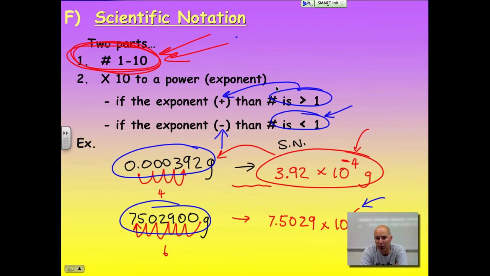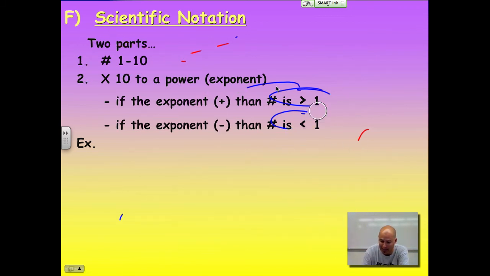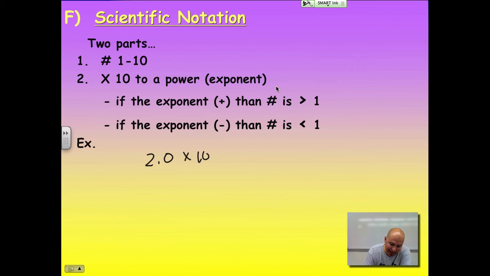So that's scientific notation. I do want to remind everyone that scientific notation and using that power is not the same as writing something to an exponent. So, for example, 2.0 times 10 to the second, let's say it's meters, is 200 meters.